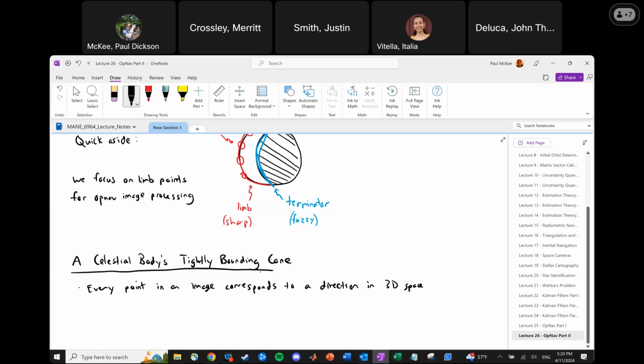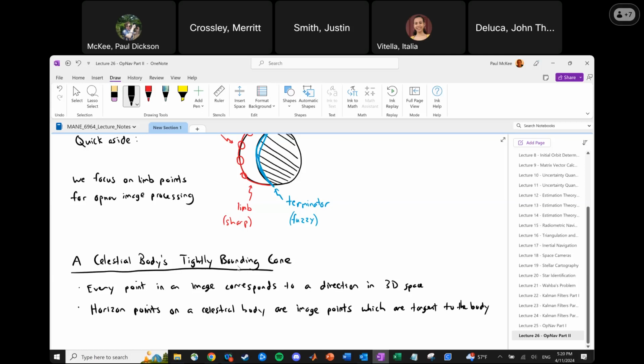So the horizon points on a celestial body correspond to image points which are tangent to the body.